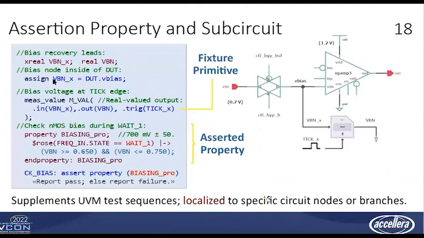Let's see how we can use an assertion to get some coverage done even in power down mode. So here we're looking at the biasing property. It's triggered on entry into the wait 1 state, and it then evaluates this logical expression where VBN is the real valued bias voltage from this node, evaluated by a measure value primitive on the transition of this tick signal.